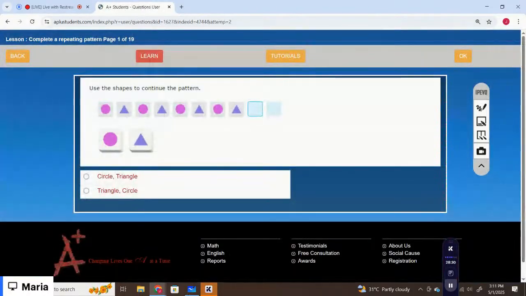Use the shapes to complete the pattern. So which is the next shape in the pattern? Circle, triangle, circle, triangle. So the next one in the sequence is circle, then a triangle. So option number one is the correct option, that is circle and triangle.